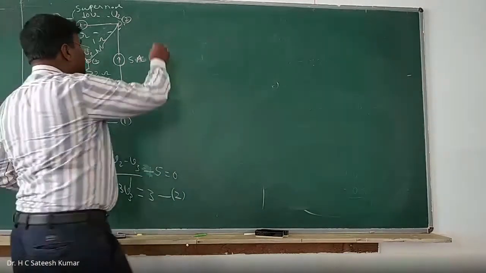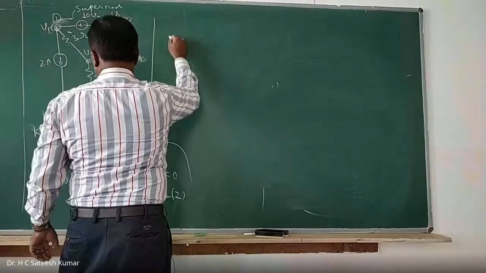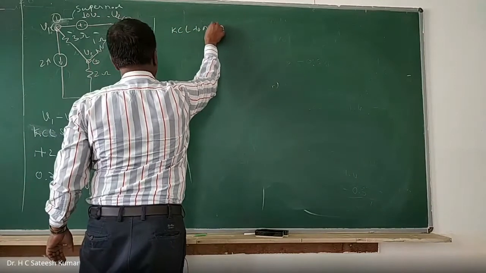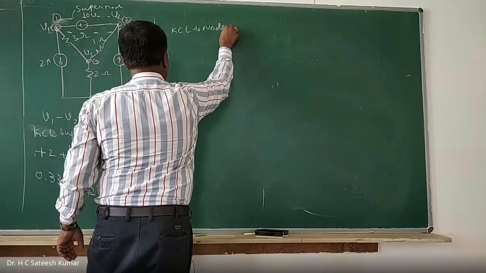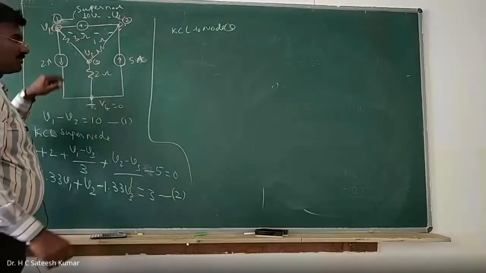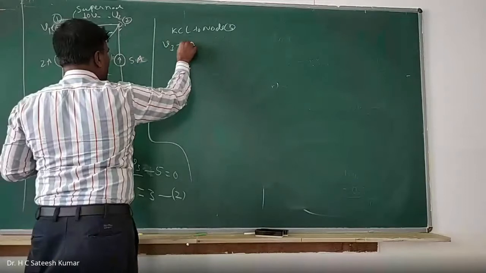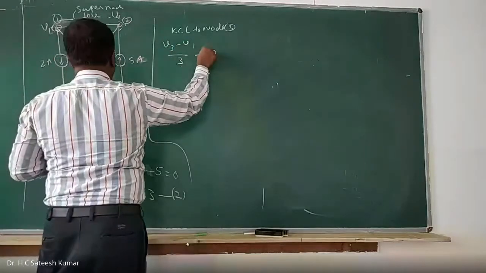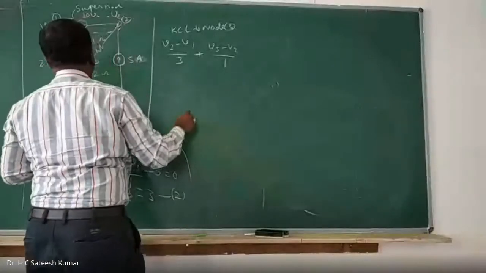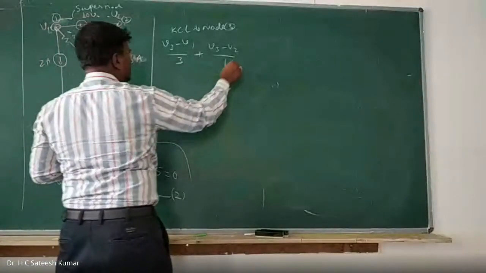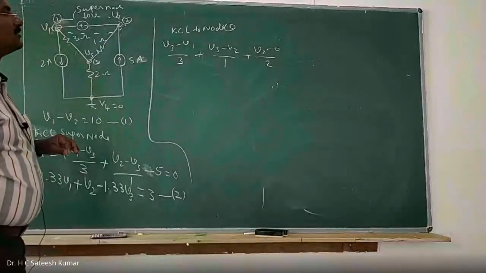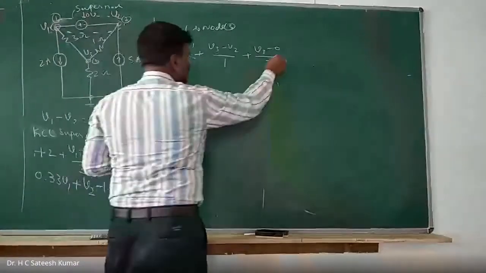Next, KCL to node 3. What do we have? V3 minus V1 divided by 3 plus V3 minus V2 divided by 1 plus V3 minus 0 divided by 2 is equal to 0.